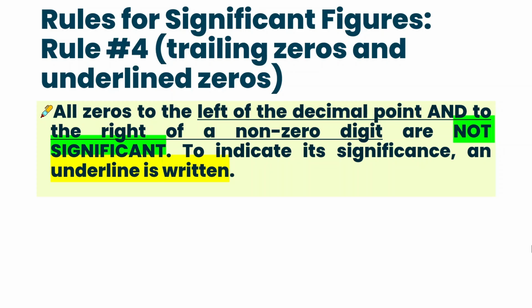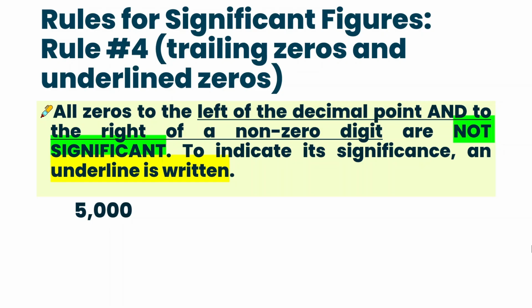How about trailing zeros and underlined zeros? This time, what if the 0 is to the left of the decimal point? All zeros to the left of the decimal point and to the right of a non-zero digit are not significant. To indicate their significance, an underline is written. For example, 5,000.